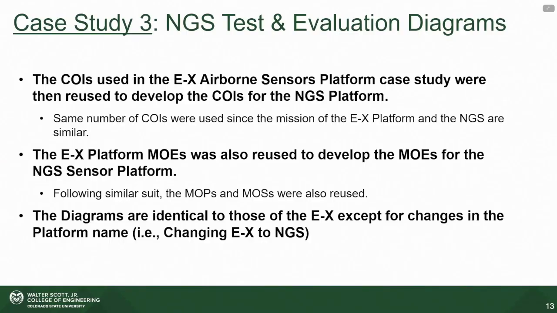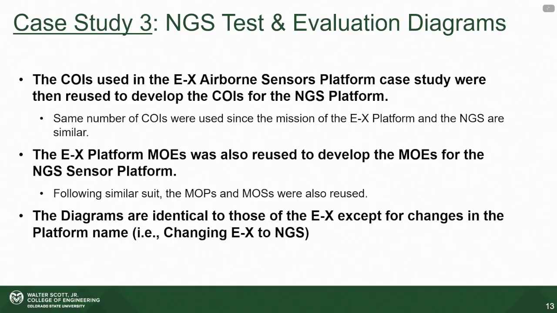Because the systems were very, very similar, the COIs all remained the same. The MOEs, MOPs, and MOSs were functionally identical. The only difference between them was basically the naming nomenclature, changing it from an EX sensor platform labeling to the NGS process.